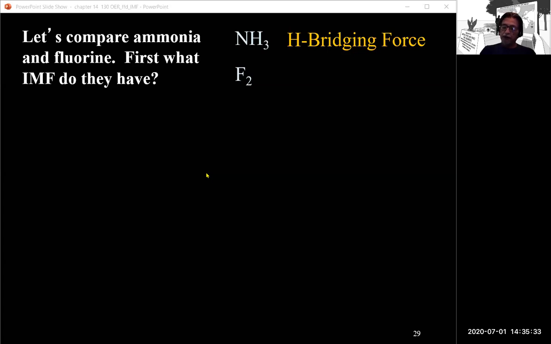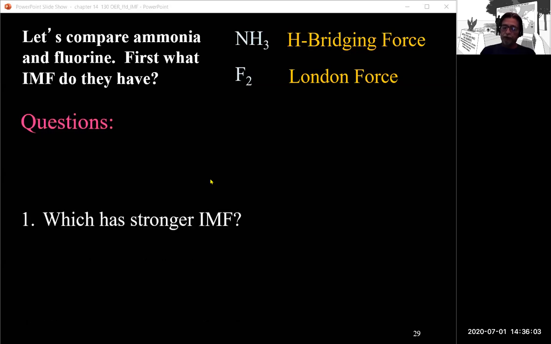Fluorine is diatomic, therefore it is nonpolar, and the only force it has is London forces. Once we determine what forces are associated with the compound, now we determine which one is the stronger one, and we know that hydrogen bridging is a much stronger force than London forces. Okay, and knowing that, then we're able to answer some questions comparing ammonia and fluorine.